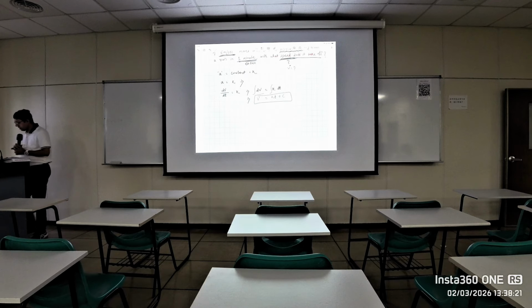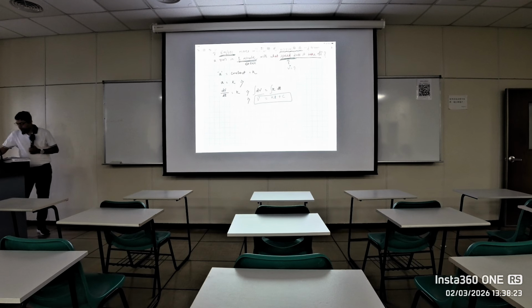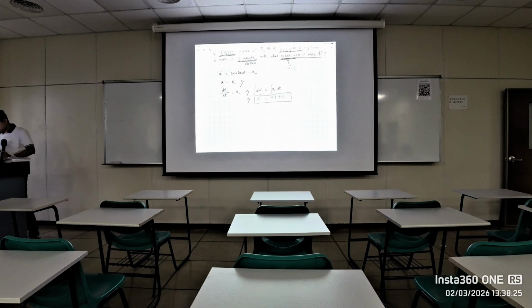Now, to calculate V, we need to find the following things. One, the time t is given. We need to calculate this constant c as well as this constant k.